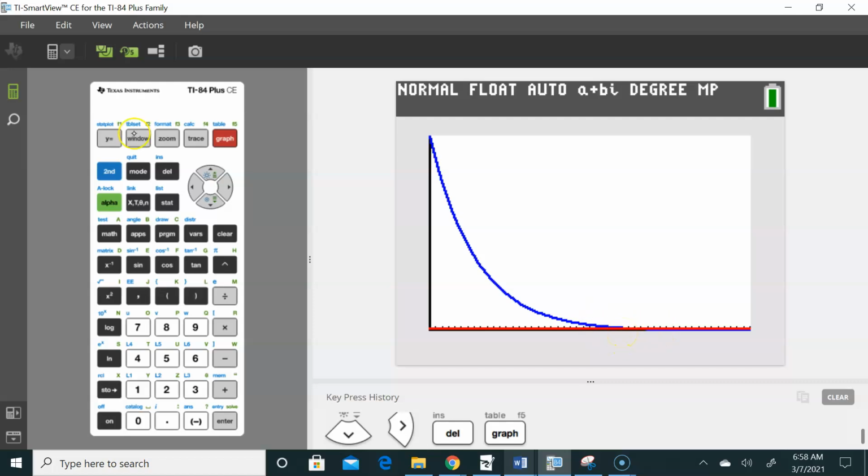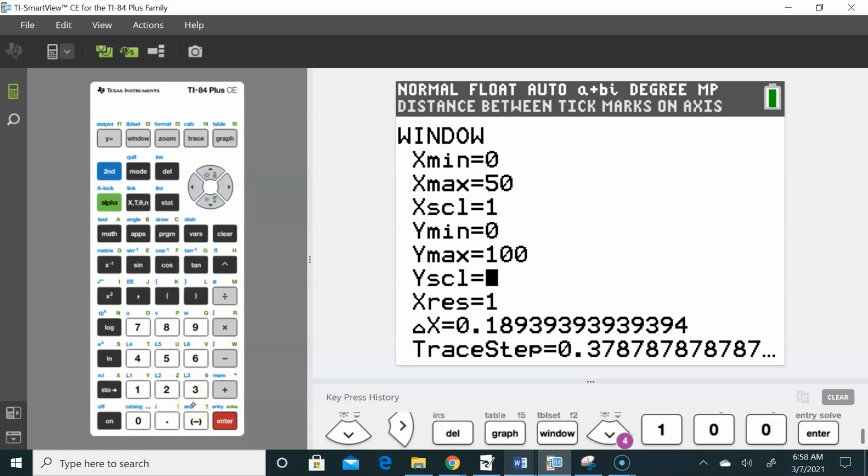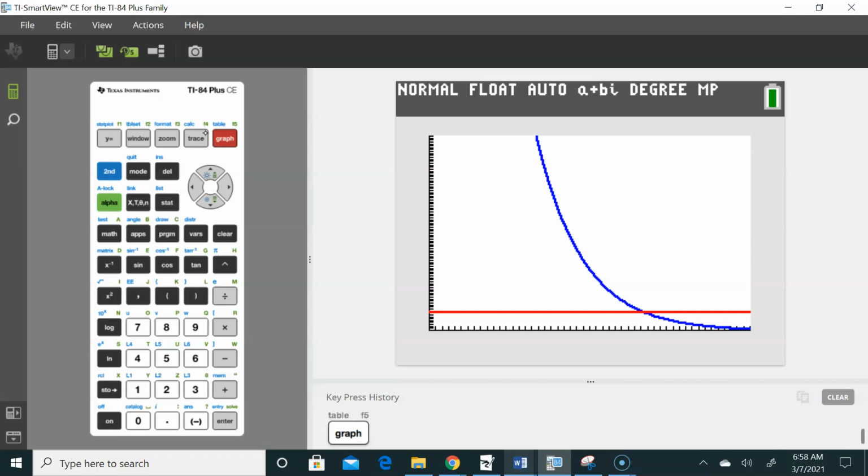I don't think I need my y max to be 1,000. I don't have to see the whole top of the graph. Let's say I make my y max 100. I don't have to see the whole exponential function. I just have to see where they intersect. So you can see I can't see the top of the blue graph, but it doesn't really matter. I see a better intersection of the red and the blue.